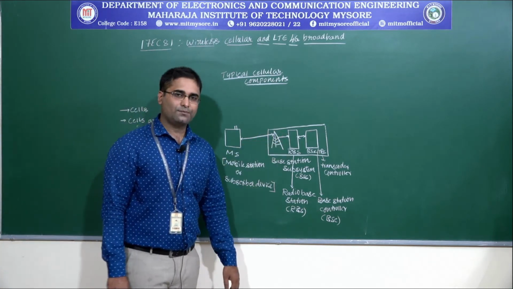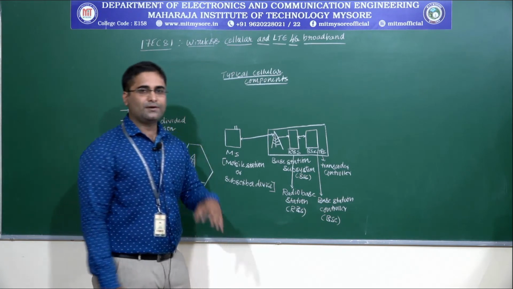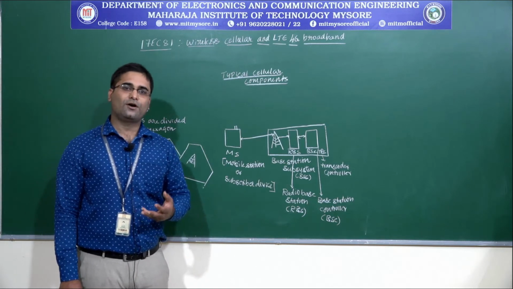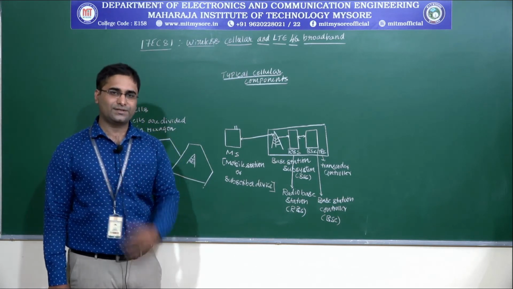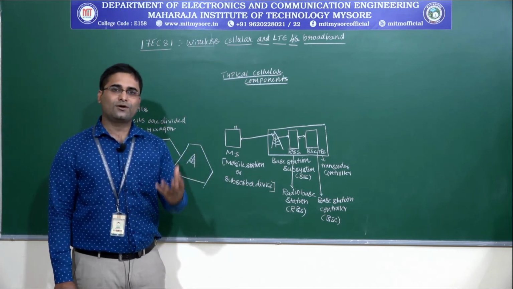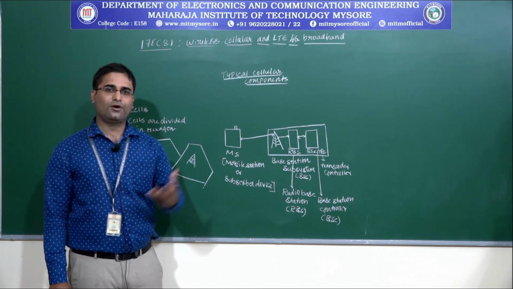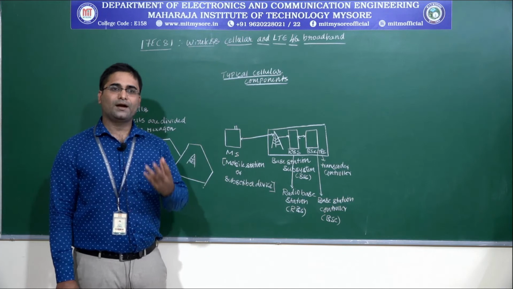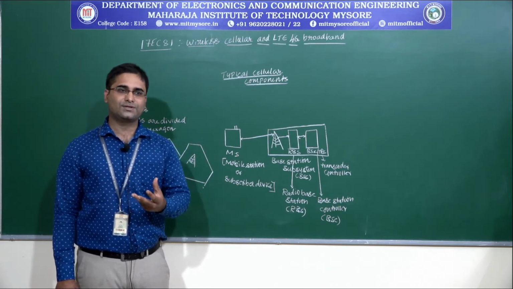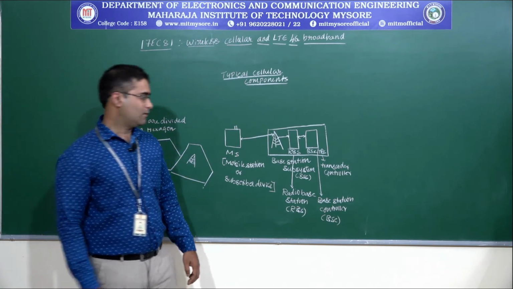So these are the components, and to this particular base station subsystem, we have a fixed switching system, which is nothing but the servers or the databases or the registers. We have numerous servers or databases or registers to monitor the location of the mobile phone or the mobile station, and to define the signaling connections of the particular mobile station when a call is made or when we receive a call.